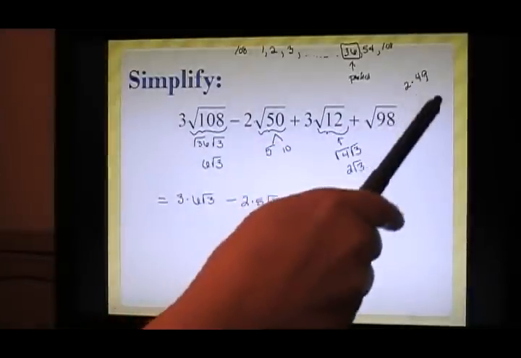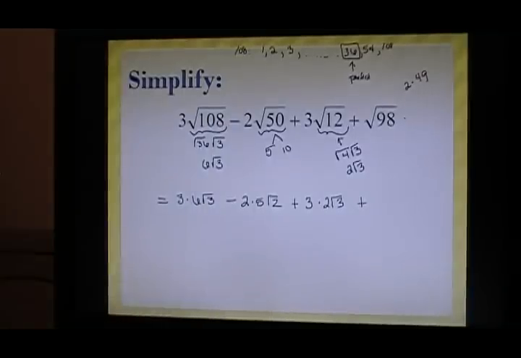Once you do that, you should say, oh, that's a perfect square. So the square root of 98, I would break into the square root of 49 times the square root of 2. And the square root of 49 is 7. So the last term simplifies to 7 root 2.